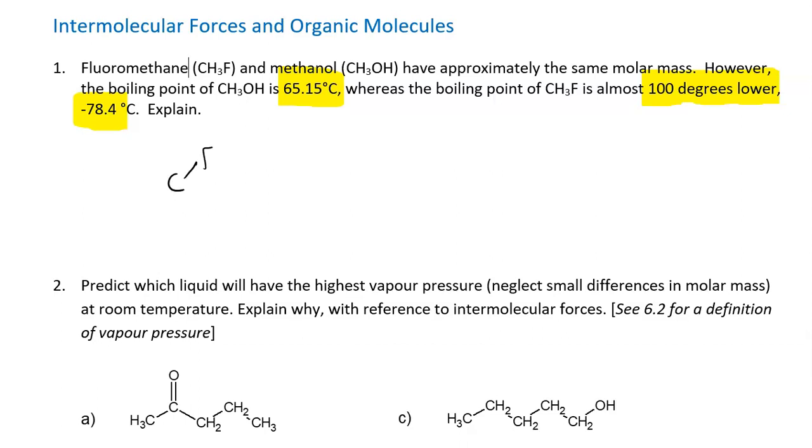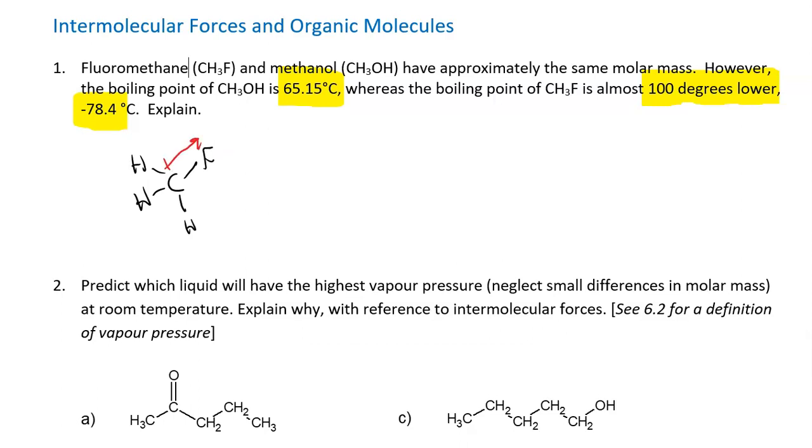Okay, well, we should look at these compounds. So fluoromethane is like this. We have a polar bond that strongly points towards the fluorine.